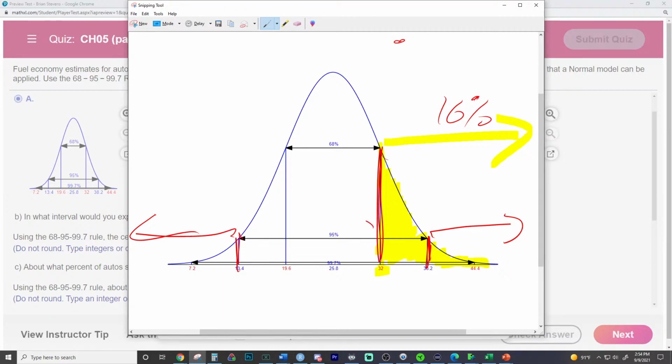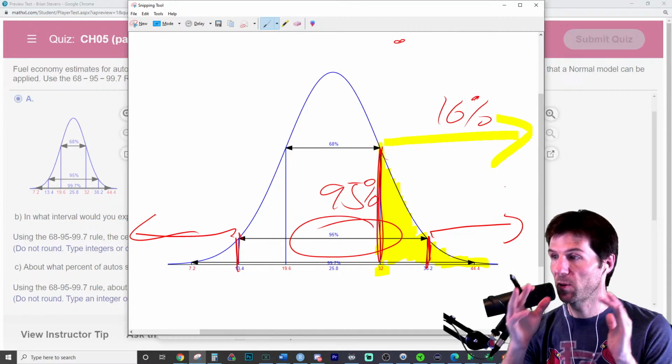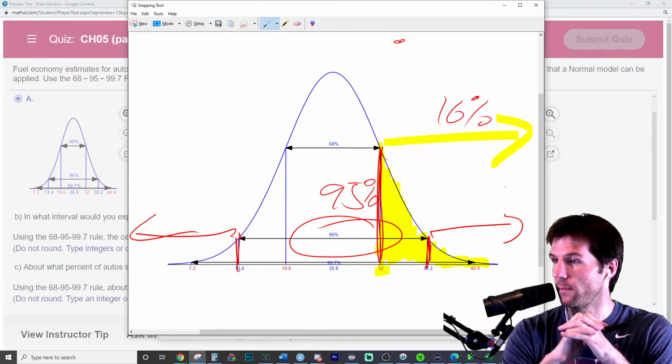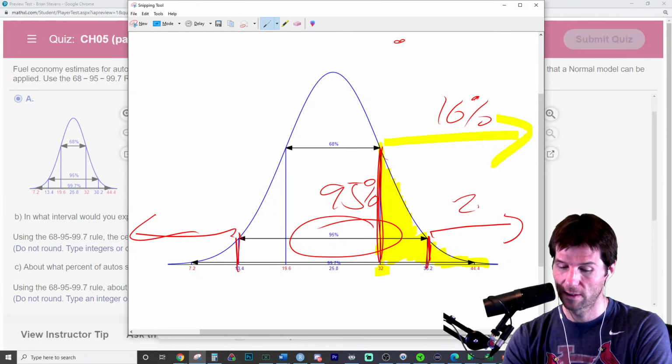Remember that over here is 95. So then if we're looking at one of these arrows now, it's the outside. So remember, 95% is on the inside, 5% on the outside. Each one of those arrows is worth what? 2.5. Great job, Tiffany. You got this.